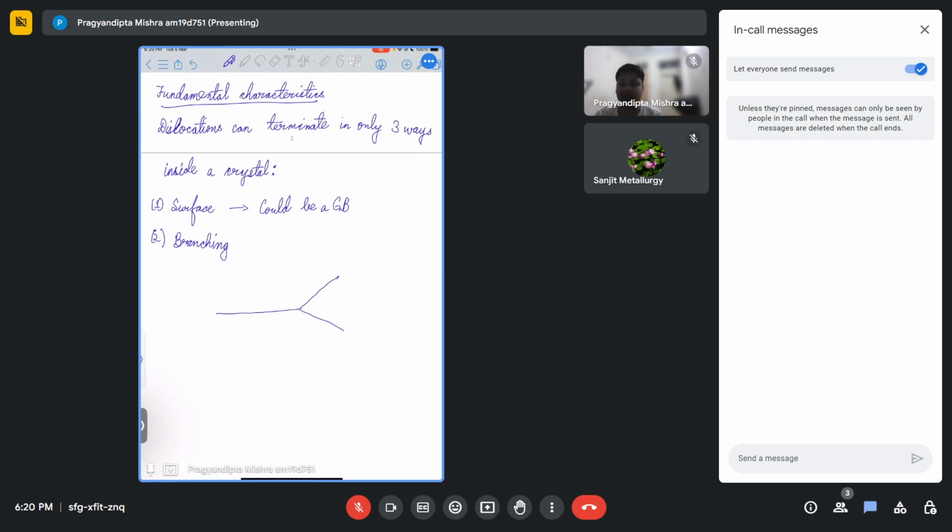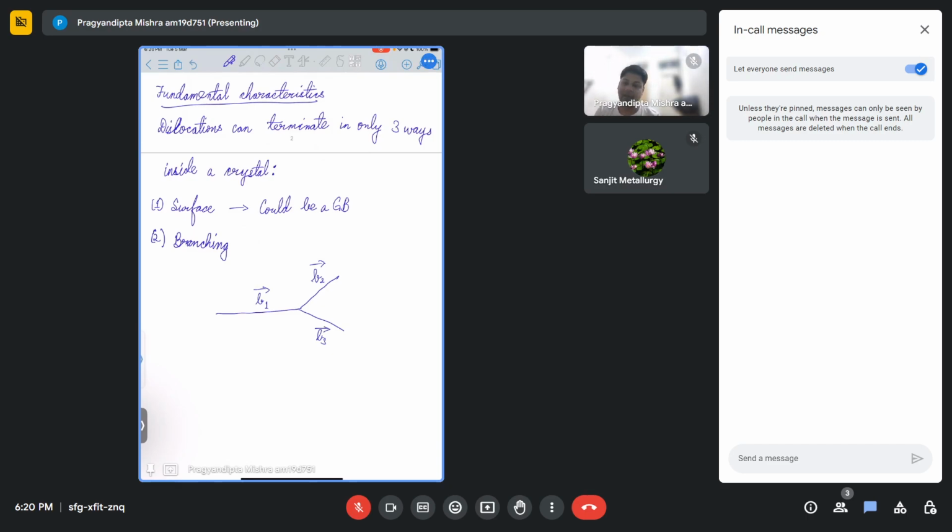Okay. Now this branching out has certain specific rules. Let's say this is the Burgers vector for the original dislocation, B1. Okay, it's the Burgers vector. And B2 and B3 are the Burgers vectors for the branched out dislocations, the new dislocations that have been formed.